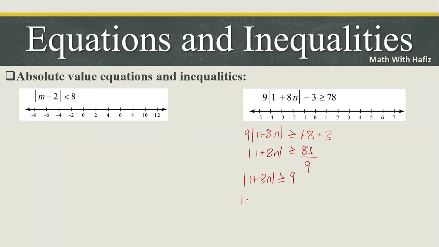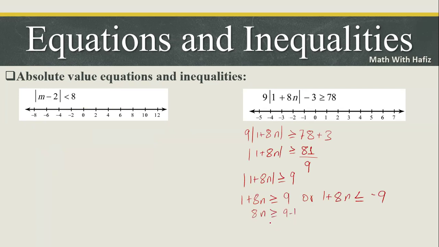When you remove it, 1 plus 8n can be greater than or equal to 9, or it can be less than or equal to negative 9. So the value of 1 plus 8n is outside 9 and negative 9, where both 9 and negative 9 are included.